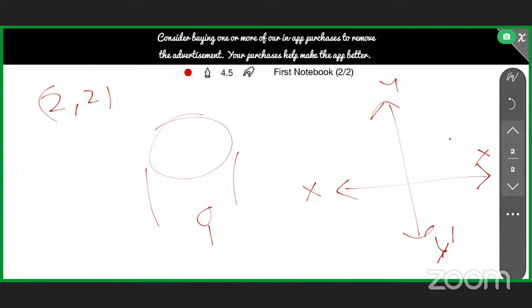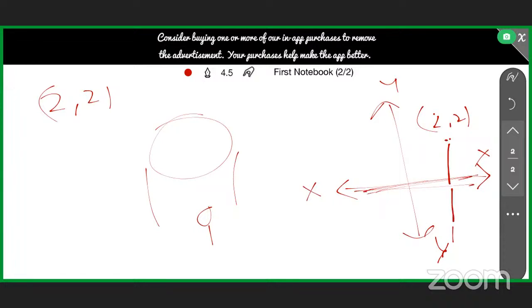Now my reflection should come. The point undergoes reflection in the x-axis. This point (2, 2) is undergoing a reflection in the x-axis. That means the surface is the x-axis, and whatever distance the point is from it, the reflection will come at that same distance on the other side.